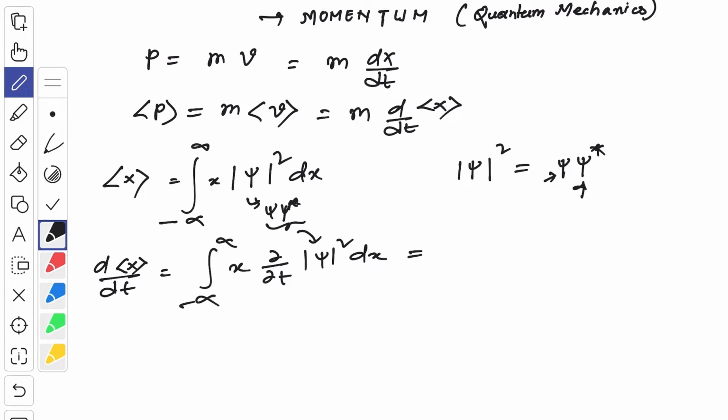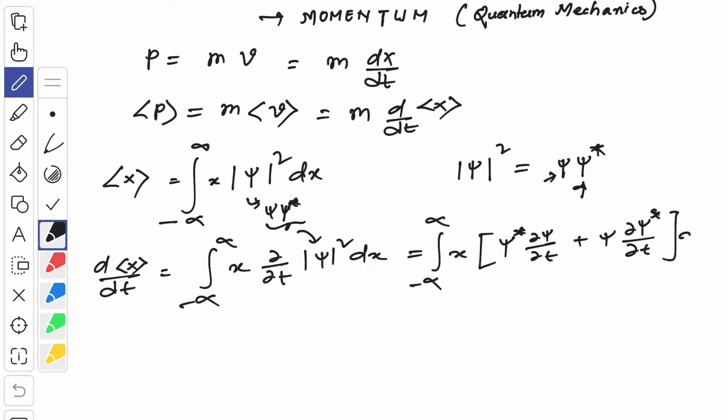If you apply the product rule, this is the integral of x times the bracket psi star del psi by del t plus psi del psi star by del t, dx.